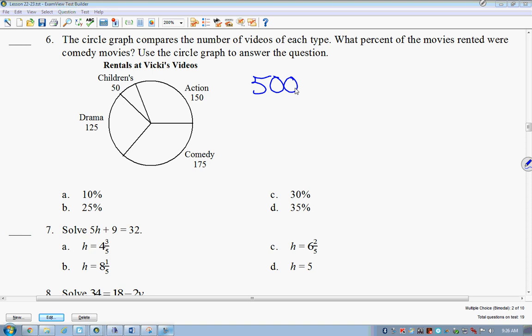Take what? 325 times 100. No. What do you get when you take 500 divided by 175?